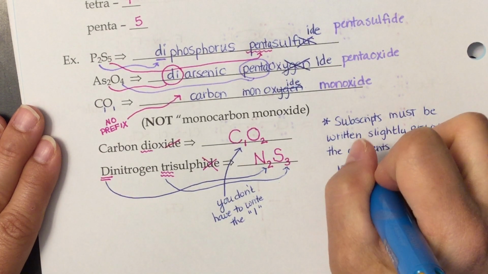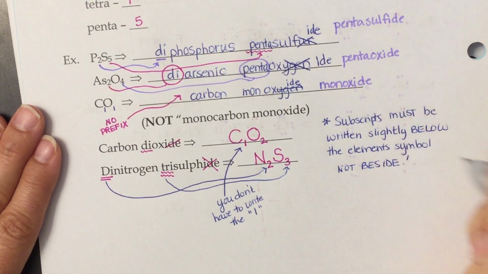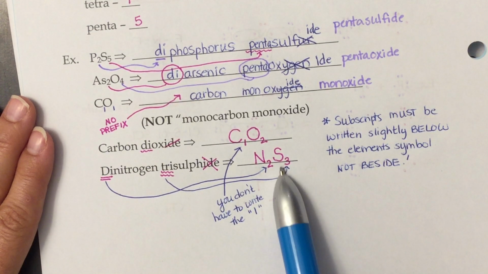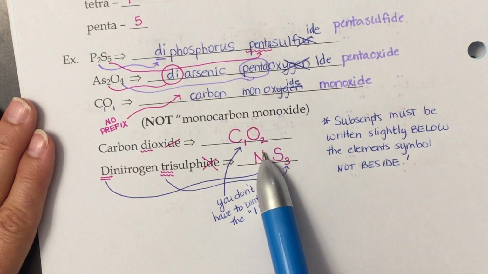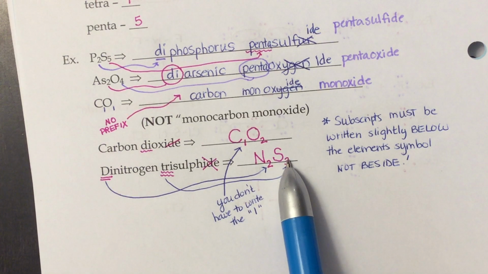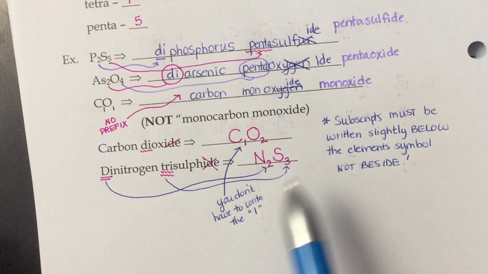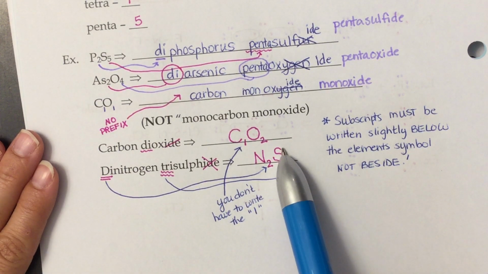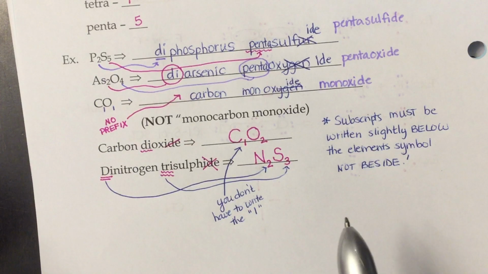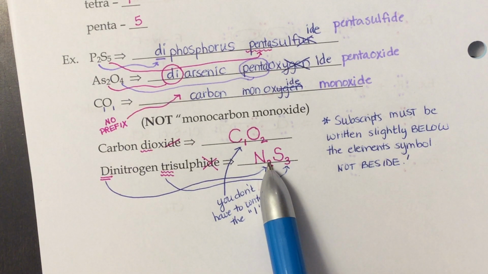Not beside. Okay, that's really important. If you just had N and then a big 2, S and then a big 3, that acts more like a coefficient and tells us how many of that compound there are. Okay, and we don't want it to have it too high, because then that tells us what the charge is. So where this little subscript is really important.